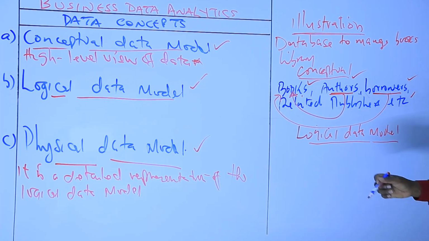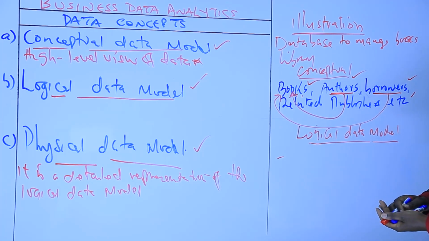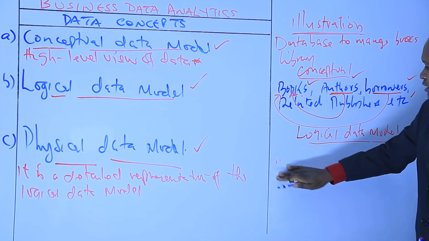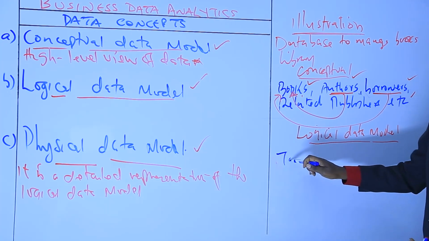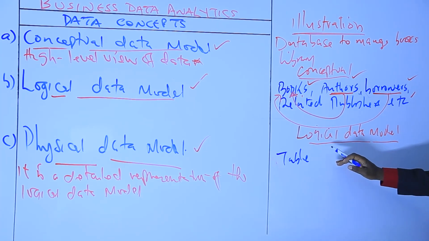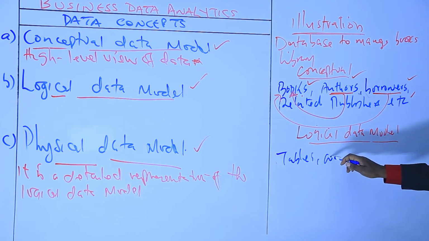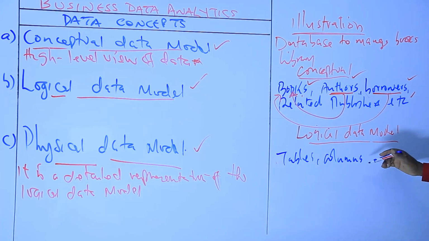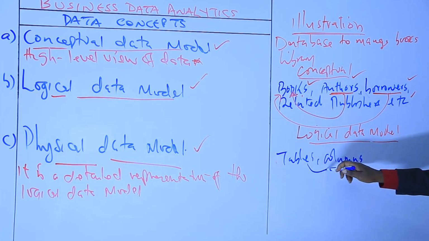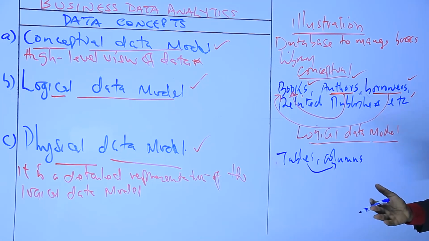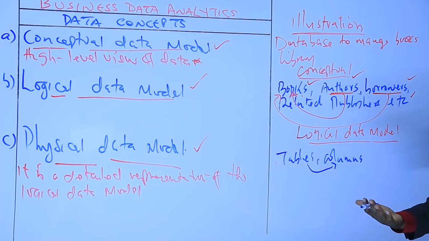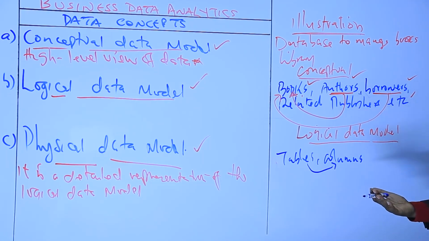It may be organized in, say, tables, and presented in columns. We may have relationships between the tables and the columns, all right? The details on how this data will be accessed and organized.